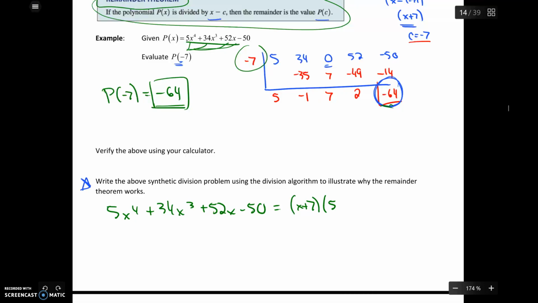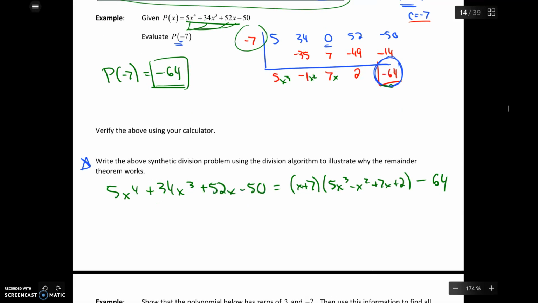My quotient, which is 5x to the third minus x squared plus 7x plus 2, plus my remainder, or minus 64. So here's the question. I can plug in x equals negative 7 into this, but this is the same as this side here. So I could also plug in x equals negative 7 into this.